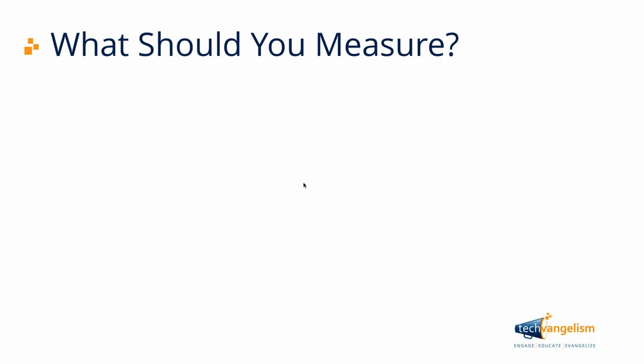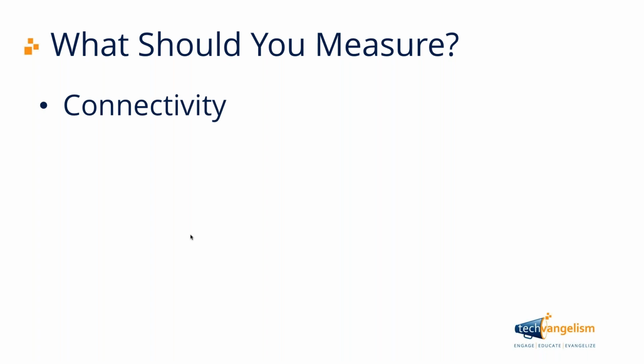So the question becomes, what should you measure? Especially when it's around productivity. Again, we're going to talk about security in another slide or two, but what should you measure? I came up with 3 things, and Patrick, maybe you've got some other ones, and let's have a conversation about each of these. The first one is just connectivity in the first place. How frequently is the employee actually connected to the corporate network, assuming that's part of their job.